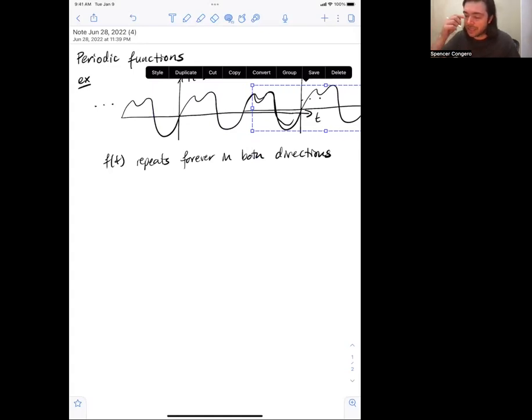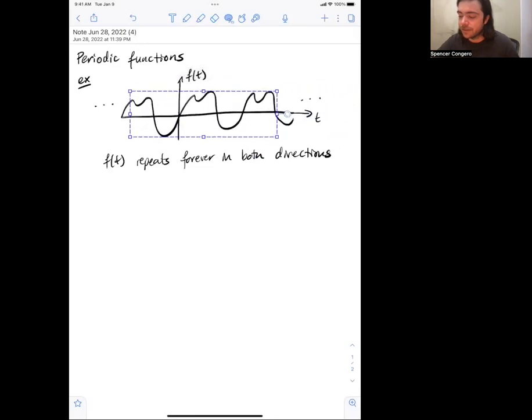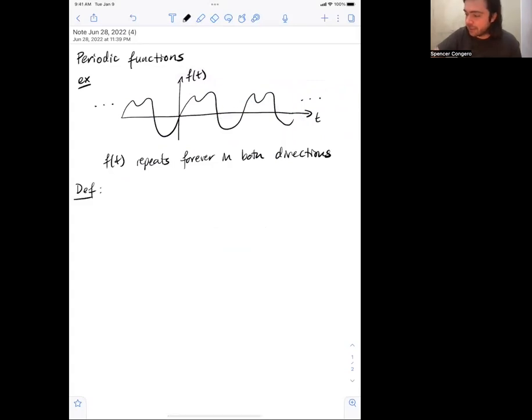The picture stops where I've drawn it, but all of these different sections of the function would be lining up perfectly with one another, as long as I shift it by these amounts that I'm demonstrating now. Okay, so that's where the definition of a periodic function comes from. It's going to have to do with shifting by some amount and getting back the exact same function.